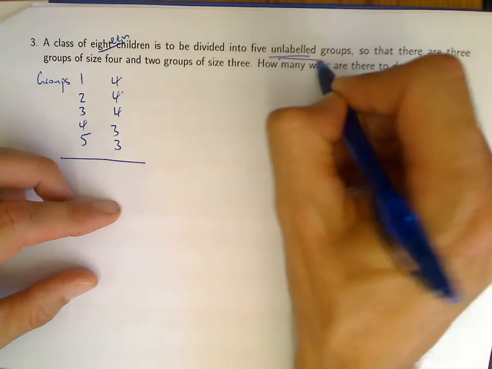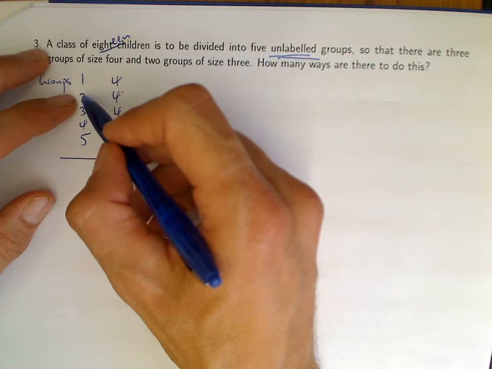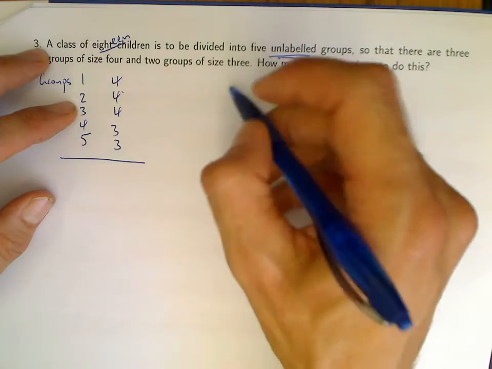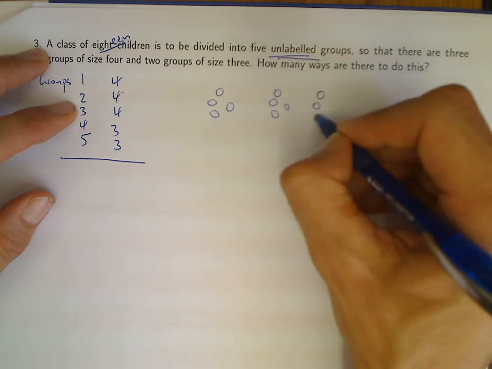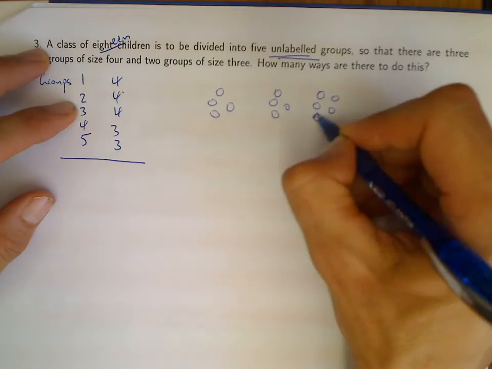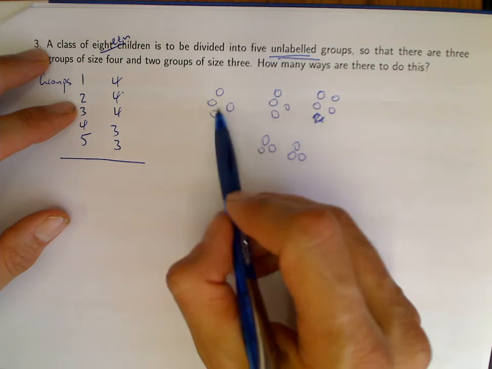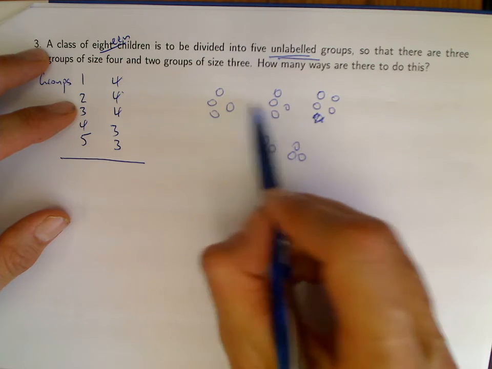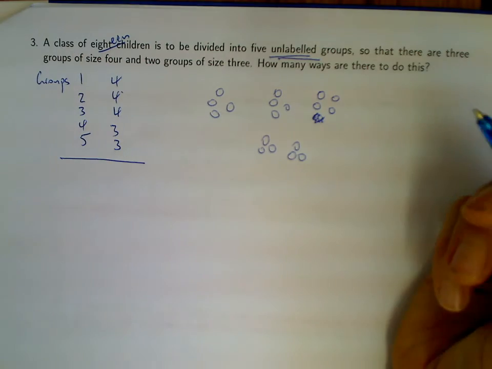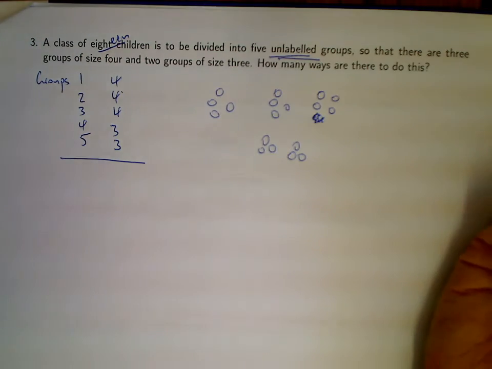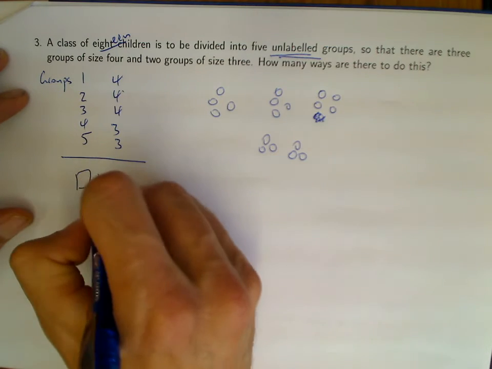But it says the groups are unlabeled, so we can't actually say which is the first group and which is the second, which is the third. So there's just going to be 3 groups of size 4, and 2 groups of size 3. Okay, and we can't say which of these is the first, second, and third, right? So let's take the same idea of filling in our boxes.